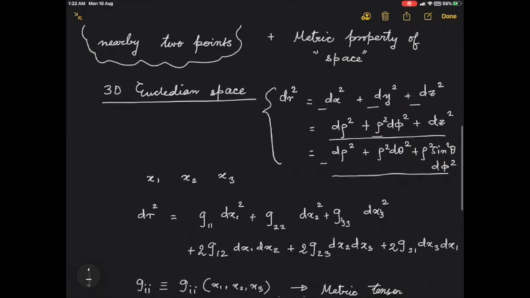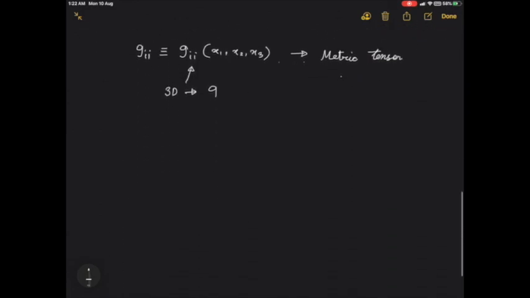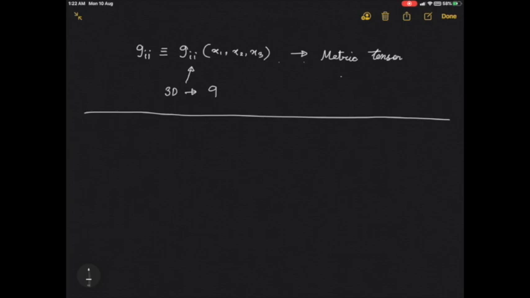Now, this is a special type of space which we call the 3D Euclidean space. Let us look at a different space. So instead of 3D Euclidean space, we look at only the surface of a sphere.